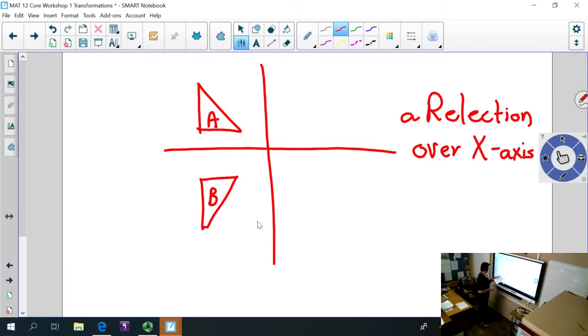Then the next one, draw the rotation of A about the point 0, 0, there, 90 degrees clockwise, and label it C. So now I have to rotate this one to be here, about that point then there. Now what we do is join one point and the center. Then it is a good thing to trace it.